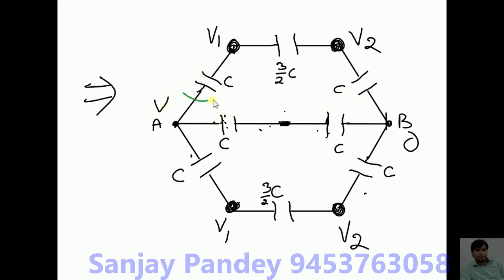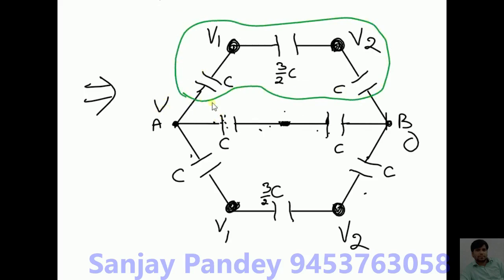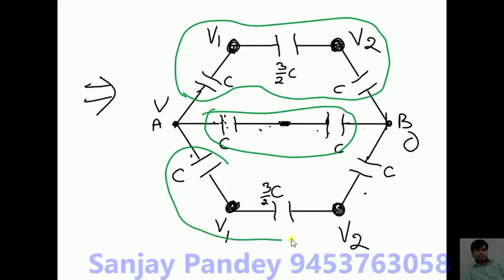Now these three capacitors are in series, these are in series, these are also in series, and these are also in series. Their resultants are in parallel with each other.